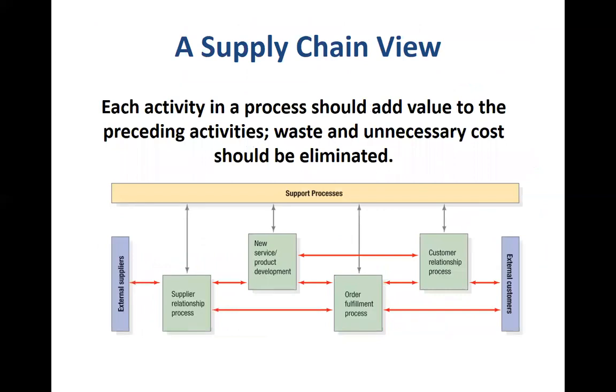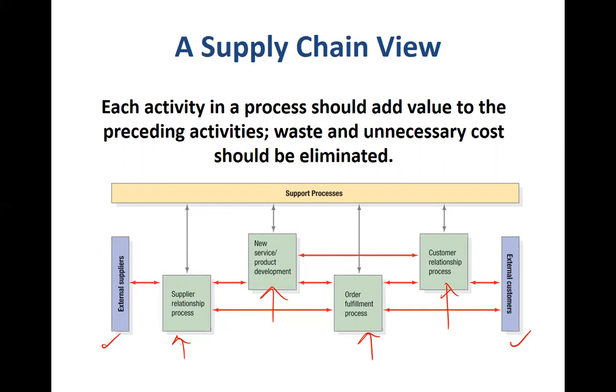So now next, let's look at a supply chain view which encompasses different types of processes. Here we see on the two ends we have the external supplier and external customer, and in the middle we have a set of core processes, which we have listed in these 4 blocks: the supplier relationship process, the new service or product development process, order fulfillment process, and customer relationship process.